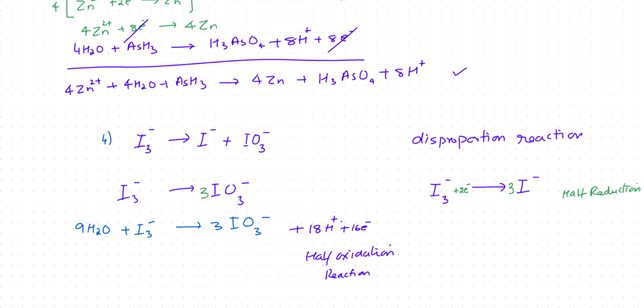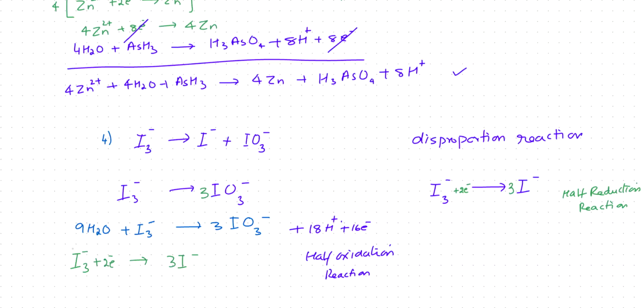Now we add the two equations to write the final redox reaction. So I3 negative plus 2 electrons makes 3I negative. Now here we have 16 electrons, here we have only 2 electrons. So to get them cancelled, we have to have 16 electrons here.